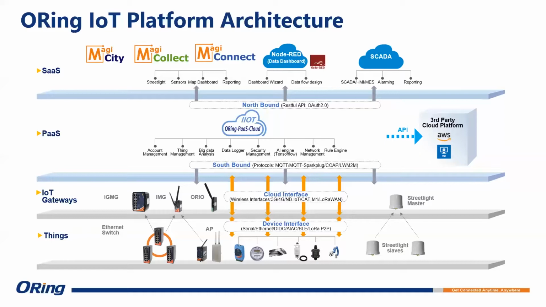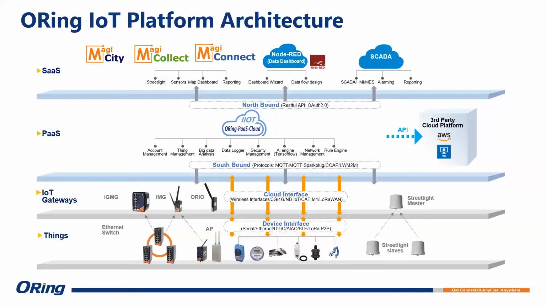And on top of the cloud platform, we have the northbound API. It's a RESTful API with the OAuth 2.0 authorization method. With this RESTful API, we can integrate many different applications which can then use the data from the cloud platform and, for example, visualize it in a readable, user-friendly way.